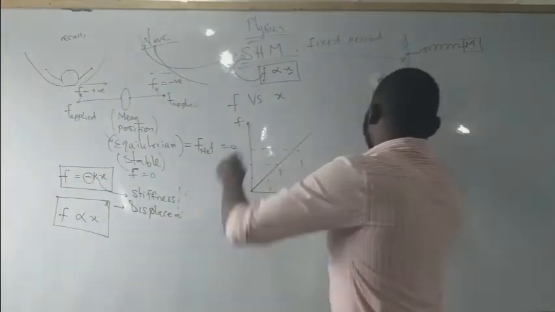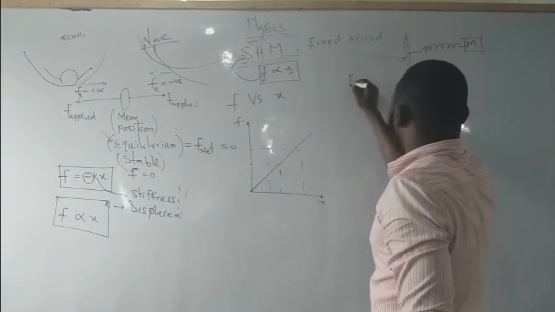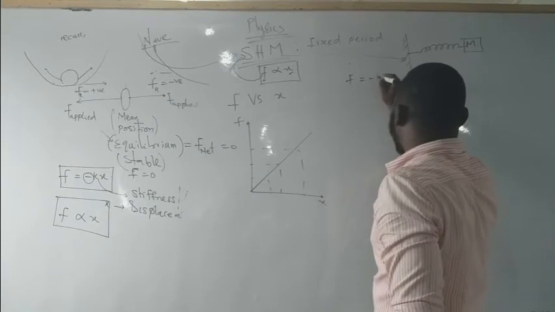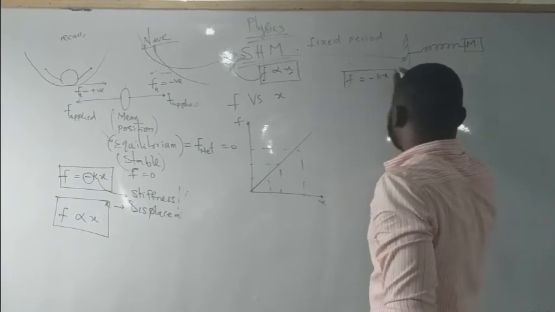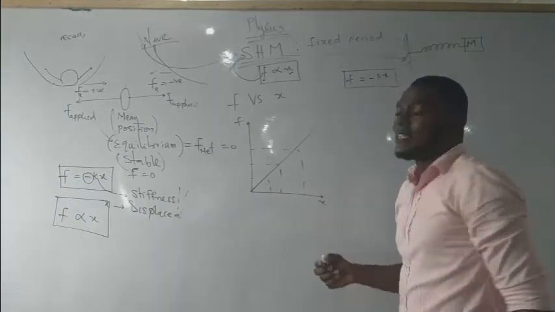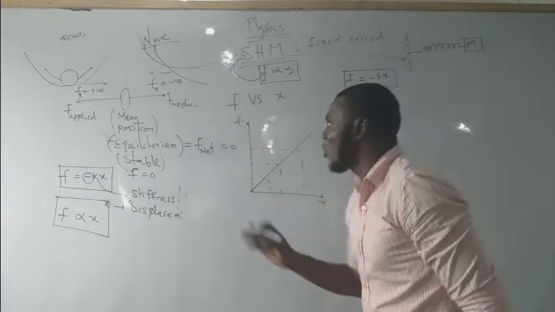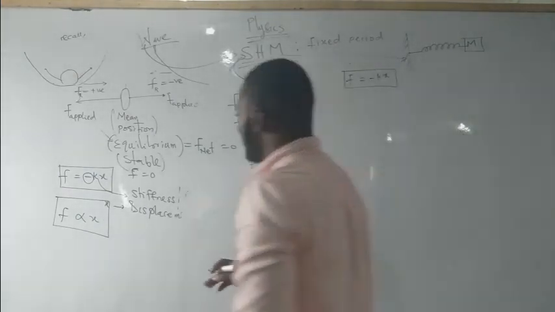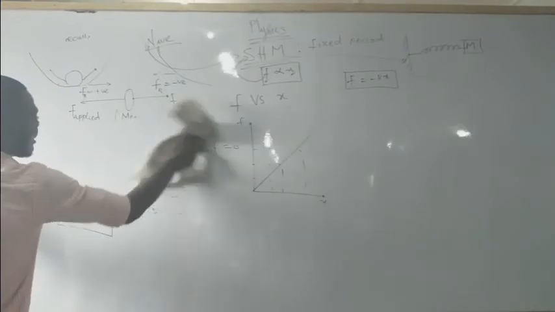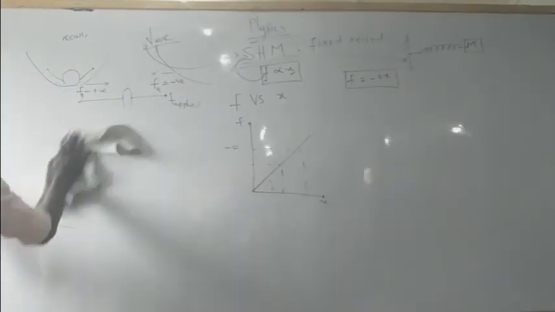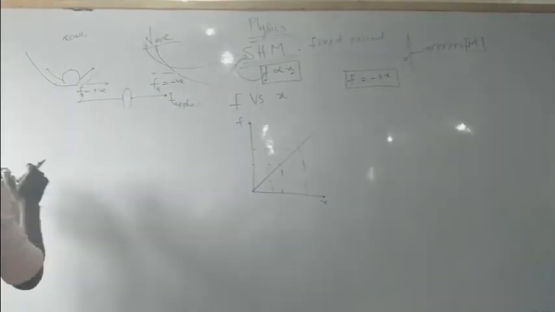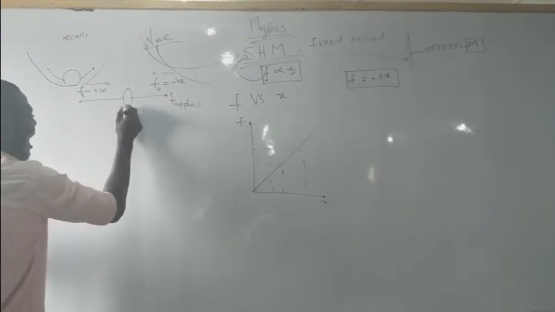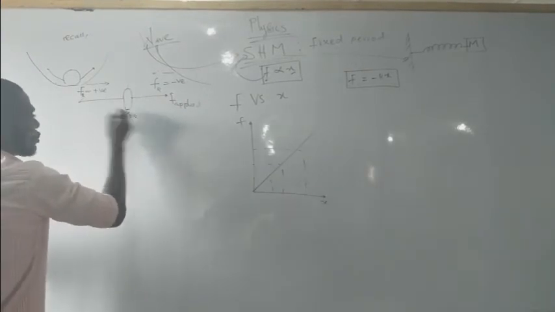Okay? So we know that F is equal to minus Kx, where K is known as the force constant, and x is the displacement from the mean position. Back to our diagram. At this point, don't forget that x will be equal to 0.